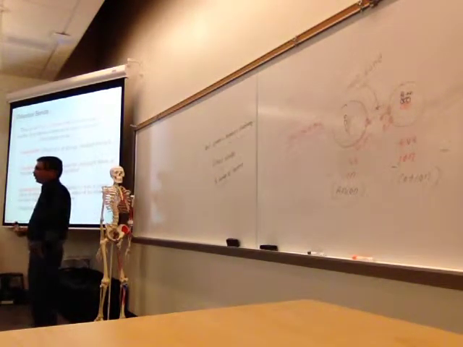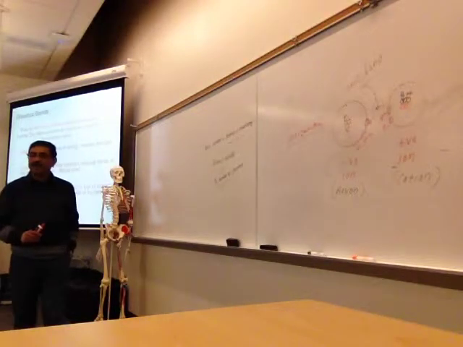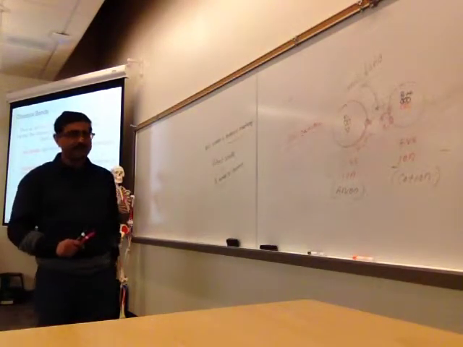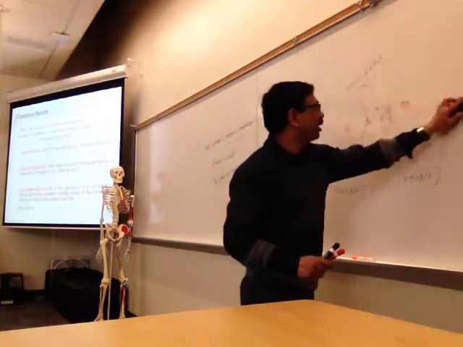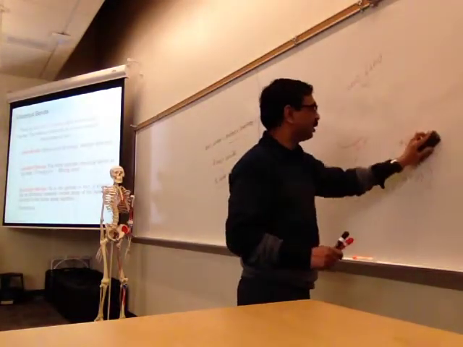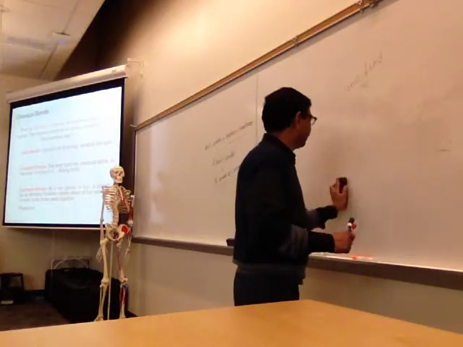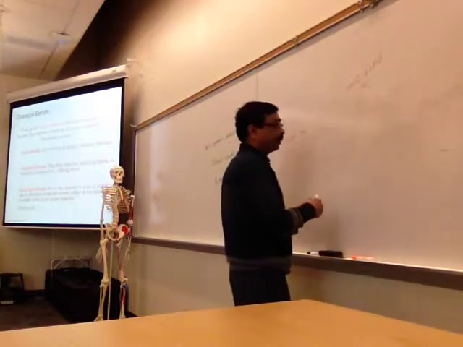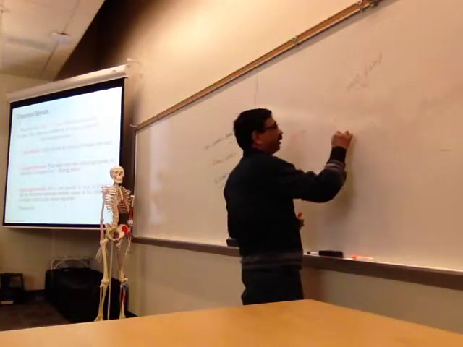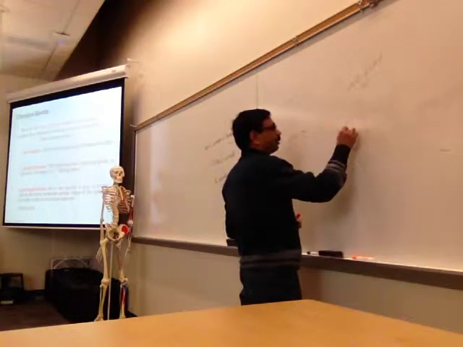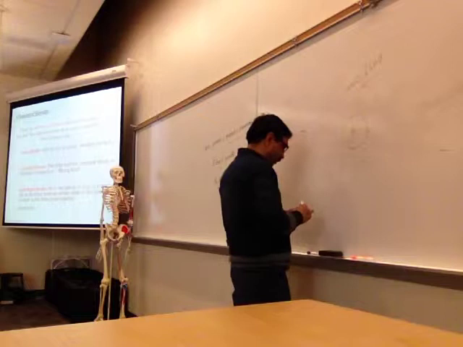Another type of bonds, those are called covalent bonds. Very strong bonds. How the covalent bonds are formed? By sharing the electrons, not donating or accepting, but by sharing. What is that? So for example, this is an atom.